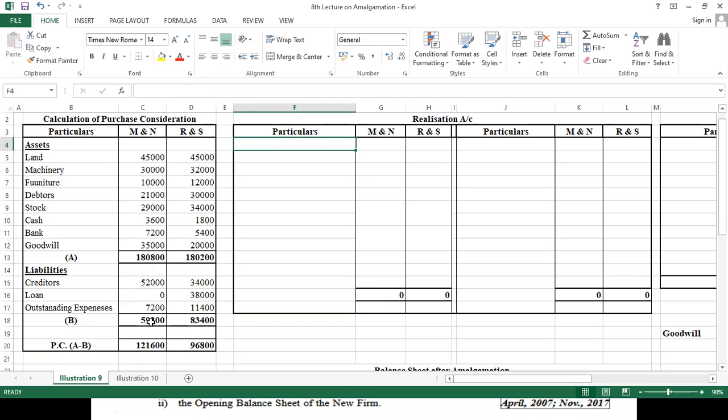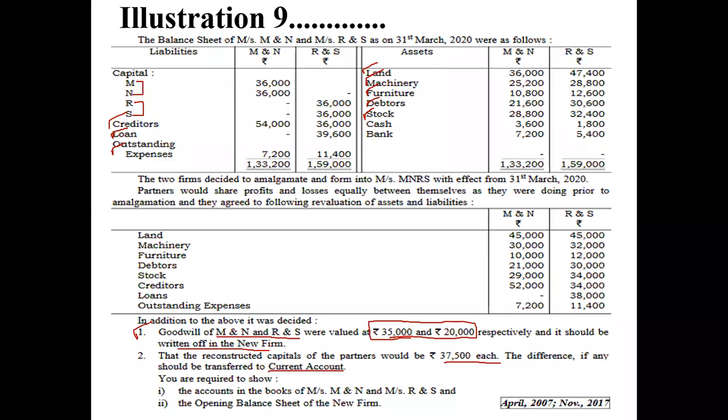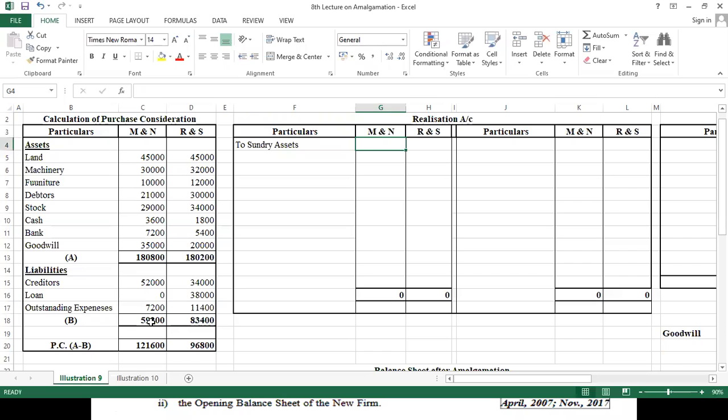Now coming to the realization account. In the realization account, first of all we are going to write down the assets that are going to be realized. So to sundry assets the amount is 1,33,200 and 1,59,000. Okay, and on this side we will write by sundry liabilities.